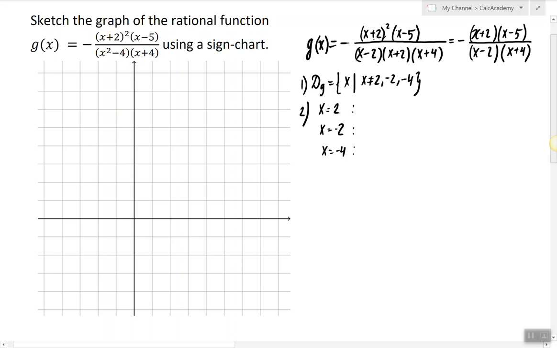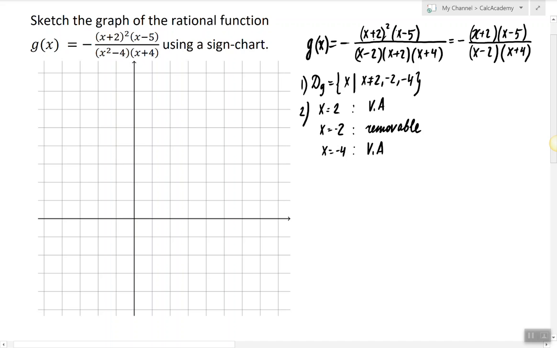Since there is no x plus 2 in the denominator anymore, we classify x equals -2 as a removable discontinuity. The other two factors are still in the denominator, so we classify them as vertical asymptotes.